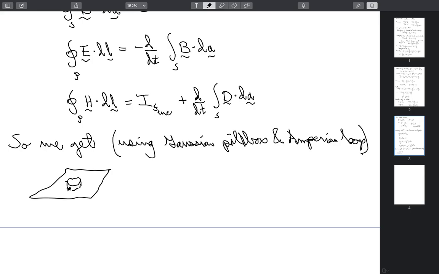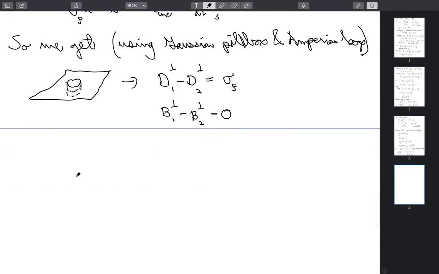So here's my surface, and the pillbox goes below like this, and I'm taking the height of this pillbox to be very, very small. What that tells me is that the perpendicular component of D has a discontinuity associated to the density of free charges on this surface. And similarly, the B field is continuous in its perpendicular component.